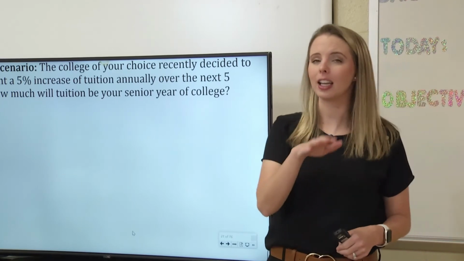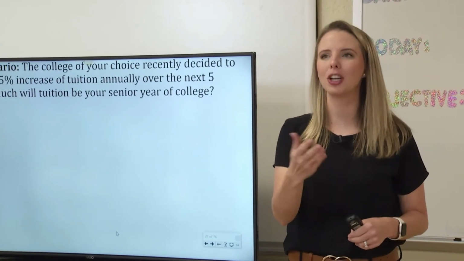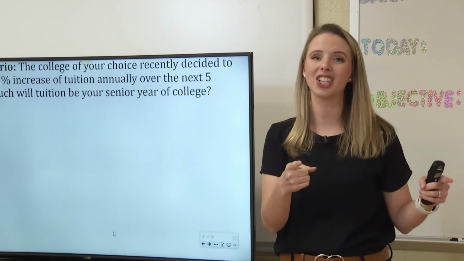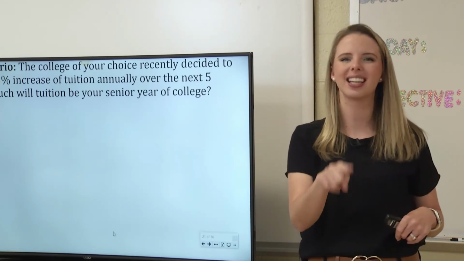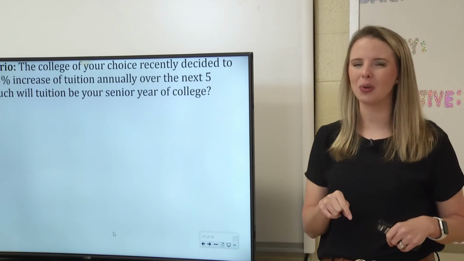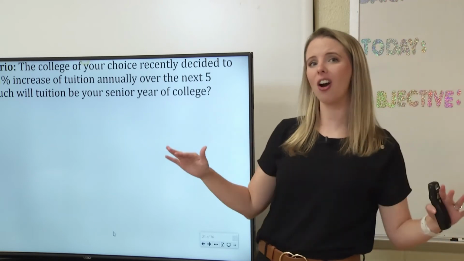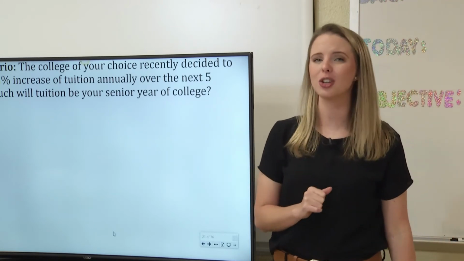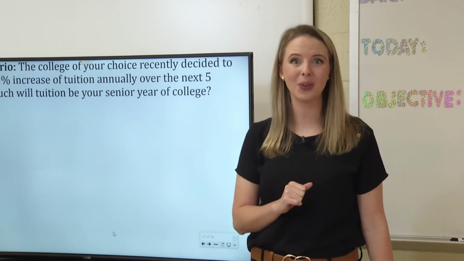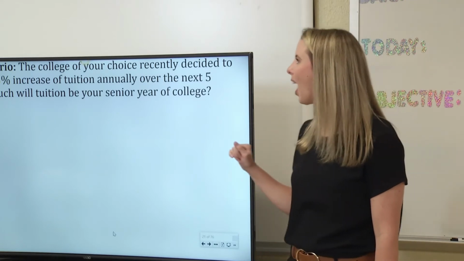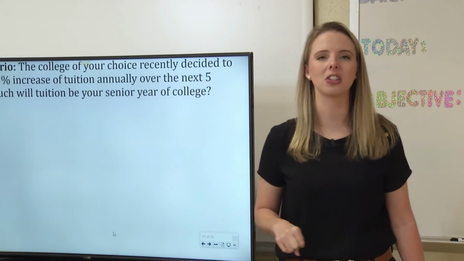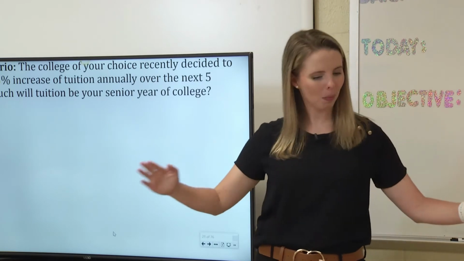Now I want you to pretend you may be a sophomore in Algebra II or you may be a junior, but no matter what classification you are right now, for these next few minutes, you're a junior in high school. Okay, you've narrowed it down, you've done all your research, and you know which college you want to go to after you graduate high school. And you have found out how much it costs to go to school there, and you have it all planned out.